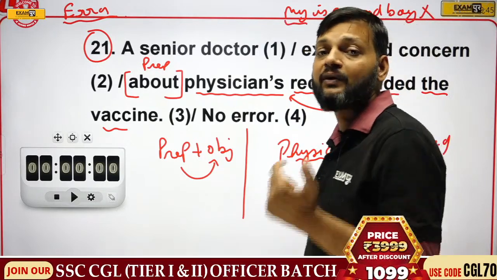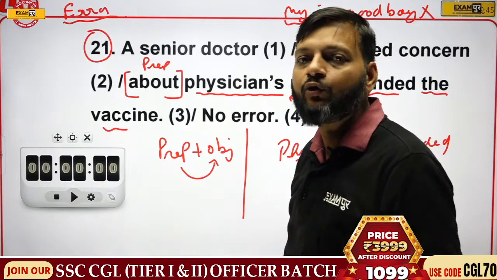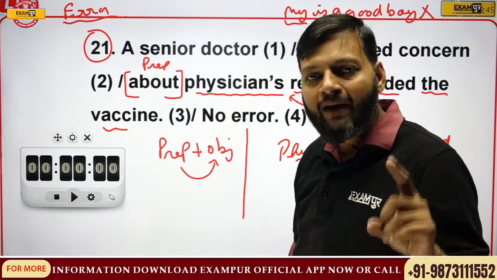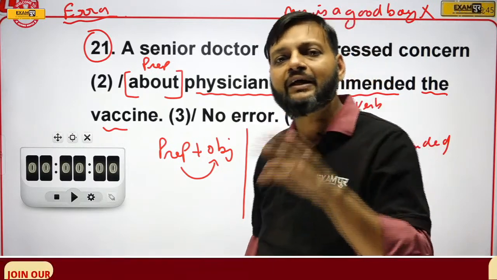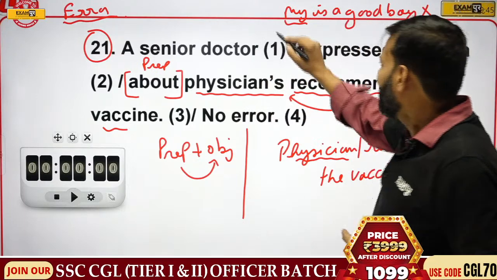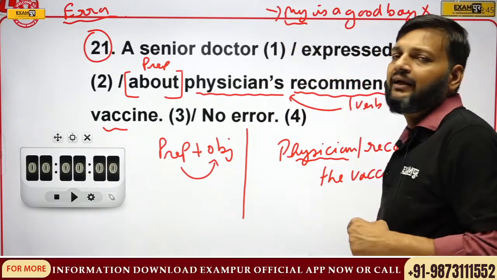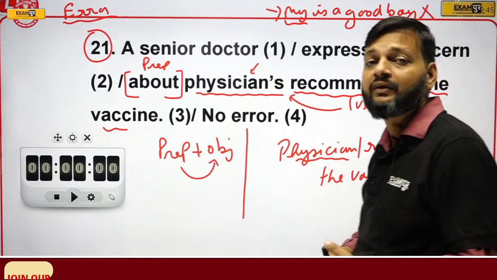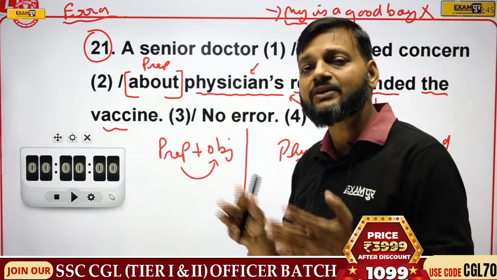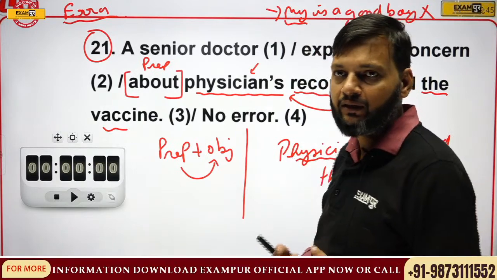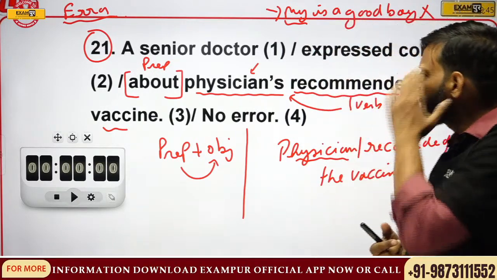My is a possessive word. My brother is a good boy, my friend is a good boy, my son is a good boy. So my is a possessive, it should be followed by a noun. Possessive cannot be the subject. So as the word my is possessive, so is the case with physician. Physician is also possessive. It cannot be the subject. It must have a noun or pronoun after it. Okay, so physicians recommended the vaccine.